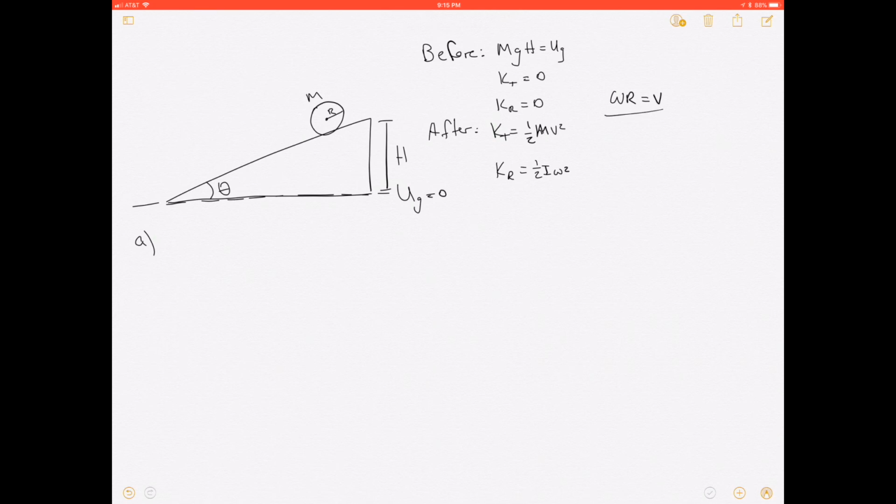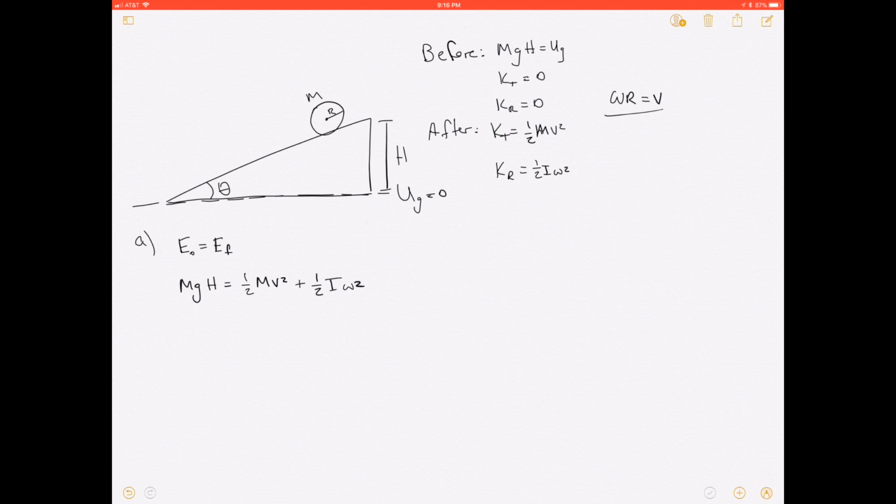So first, we're going to start by writing energy initial is equal to energy final. So energy before is equal to mgh. Energy after is equal to 1/2 mv squared plus 1/2 I omega squared.